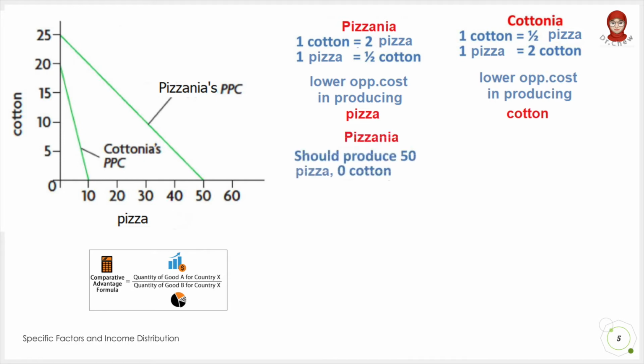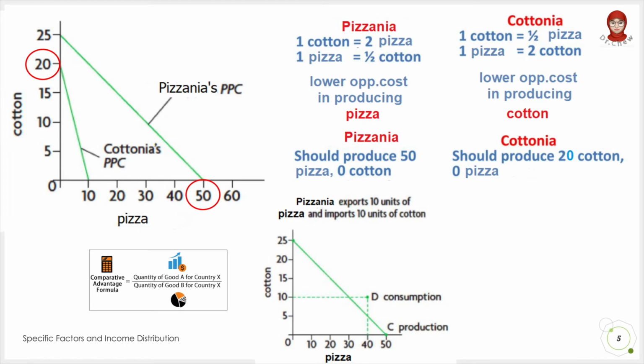Therefore, Pisania should specialize in producing pizza to the maximum amount, that is 50 units of pizza, whereas Cotonia should specialize in producing cotton to the maximum amount, that is 20 units of cotton. So now we assume that Pisania will trade with Cotonia and vice versa.